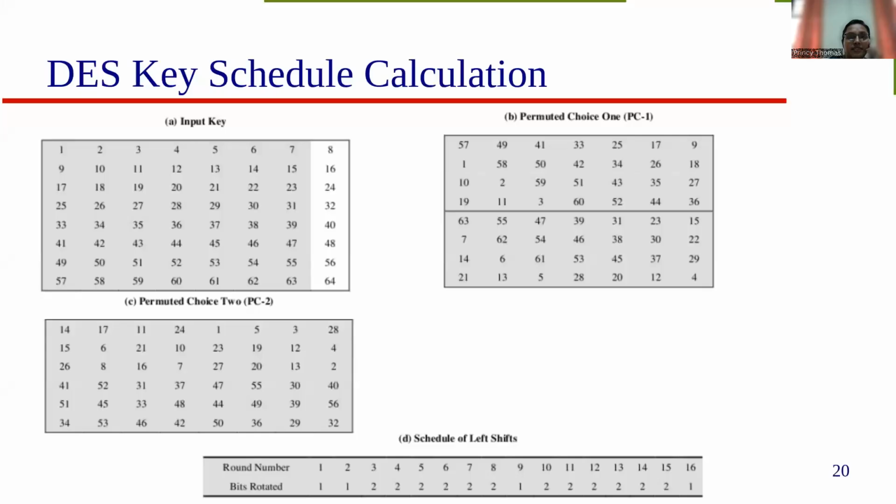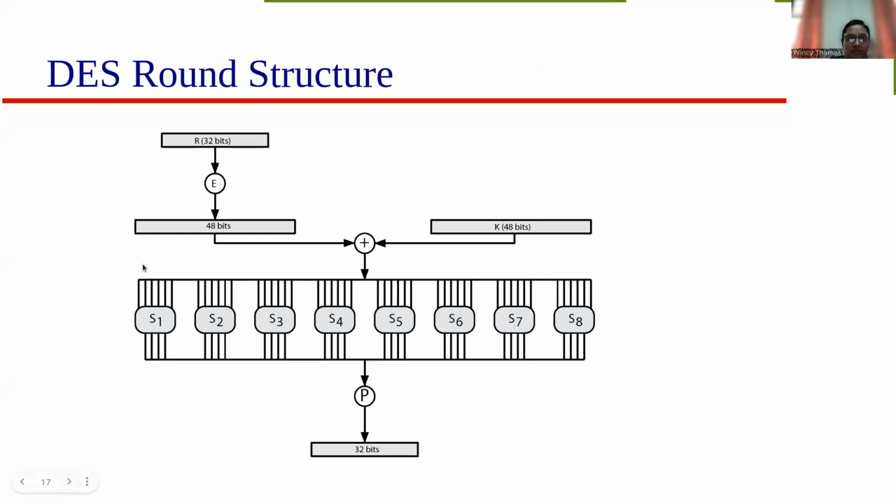Say that an error occurred, and in the first round, one bit got inverted in R. During this expansion process and the XOR process, only one error is there. The error is not doubled when there is the expansion process or the XOR process.